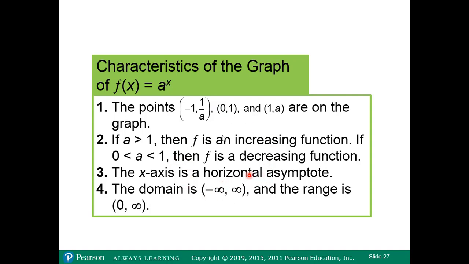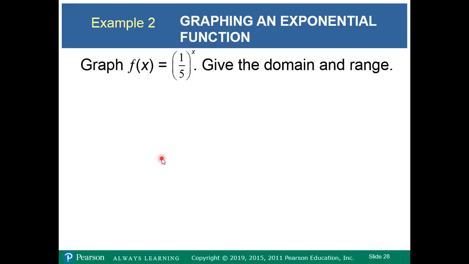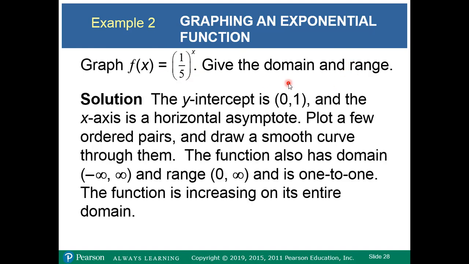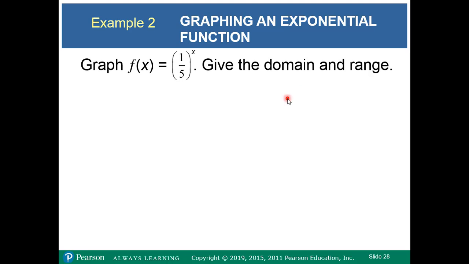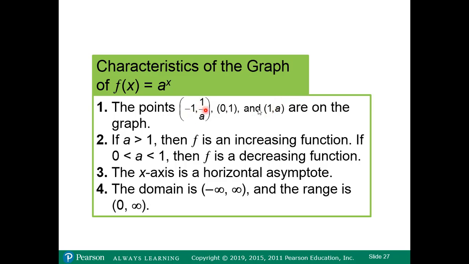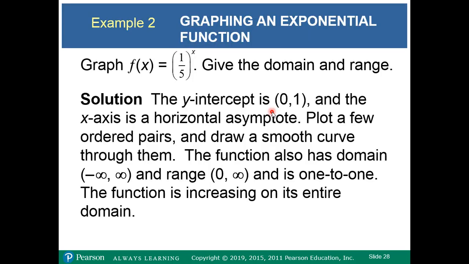So if we want to graph this curve and give the domain and the range, we can do so. We know the y-intercept is going to be at 0 comma 1. There's also going to be another point at negative 1 comma 1 over a, and 1 comma a. So it goes through 0, 1, but also through negative 1 comma, hold on a second.